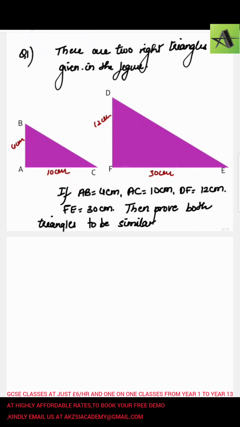Now we just have to keep in mind the four similarities I told you. First one was angle. Here only one angle is given. Which angle? They have already mentioned two right triangles. So you can clearly see they both are right angled at A and F respectively, and these two are corresponding angles.